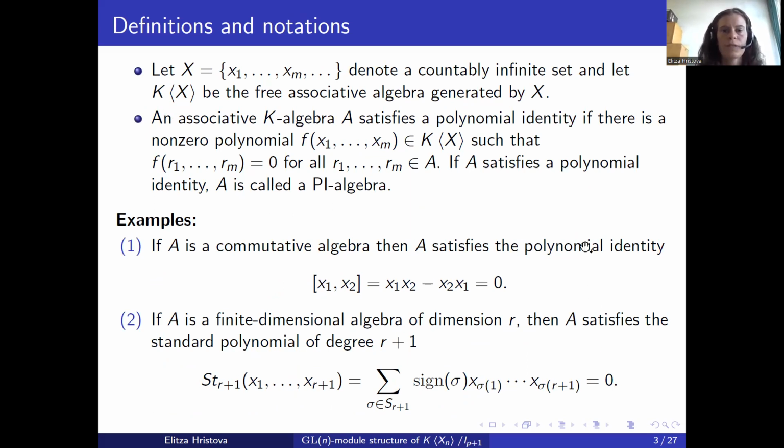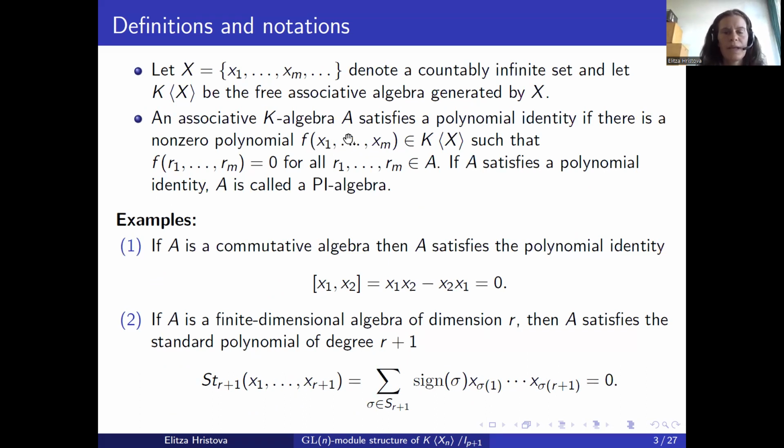Now let us also introduce the notion of PI algebra. For this, it is convenient to consider also the free associative algebra over a countably infinite set, not only a set with n elements. We take K of X to be the free associative algebra generated by this set.